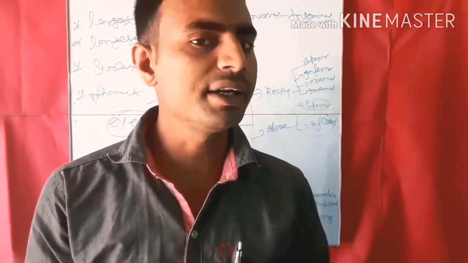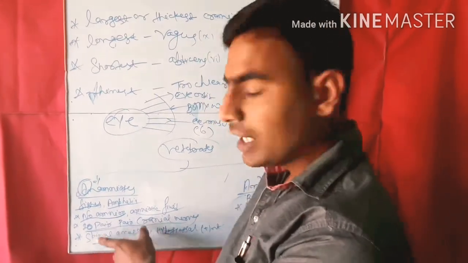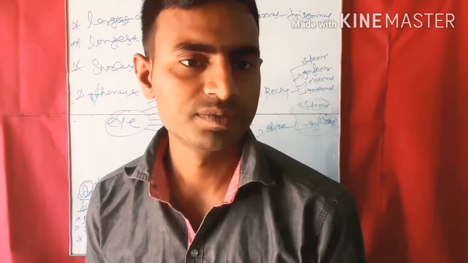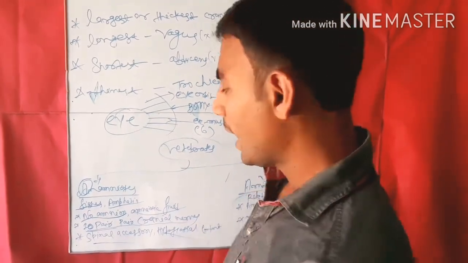This means 2 pairs, the spinal accessory and hypoglossal cranial nerves, are absent in anamniote vertebrates.